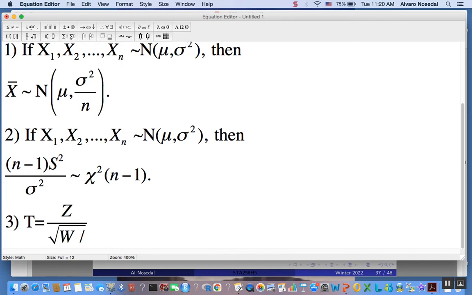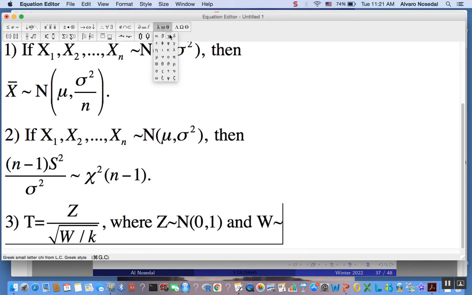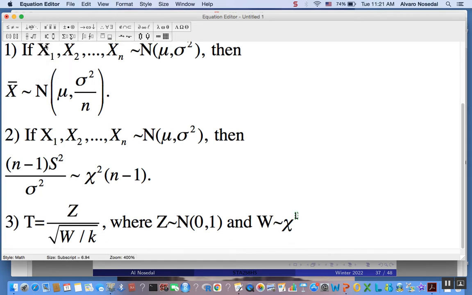Let me call those k, where capital Z represents a standard normal, and W represents a chi-square distribution with k degrees of freedom.